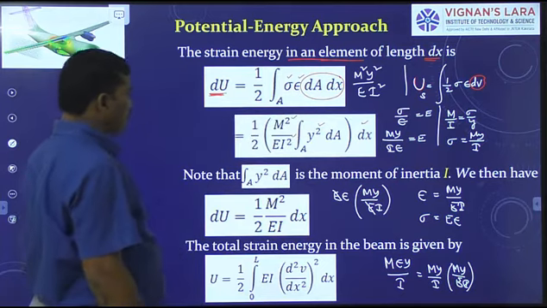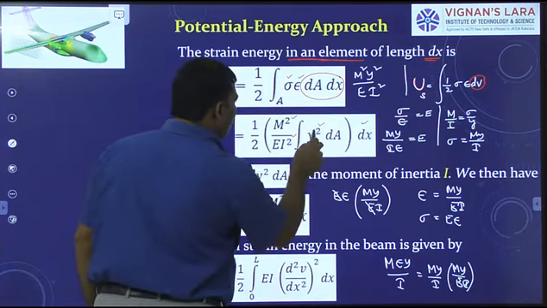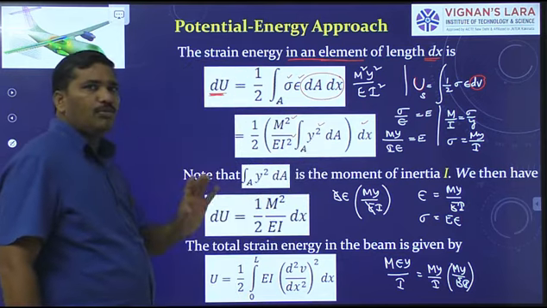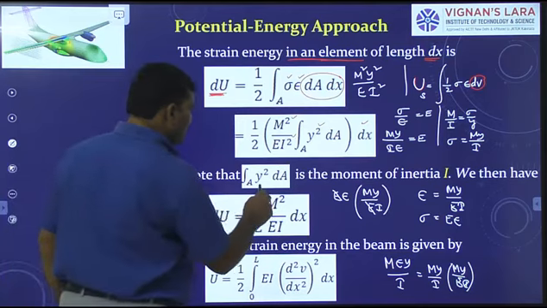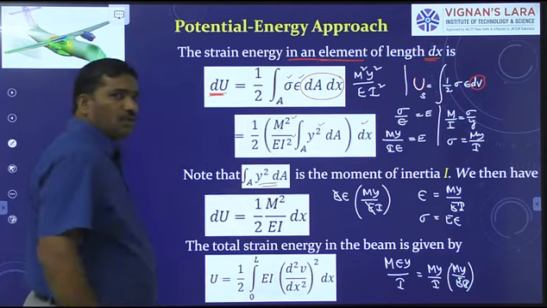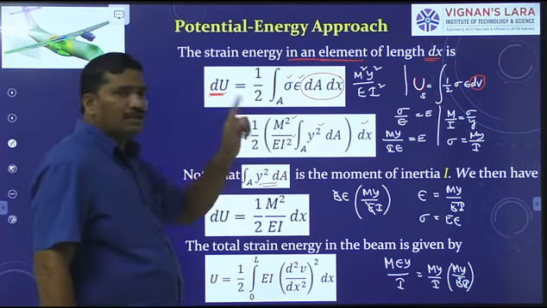Now what is the integral of y square dA? It is the moment of inertia I. That is what I write here: integral y square dA over the area of the section is the moment of inertia.